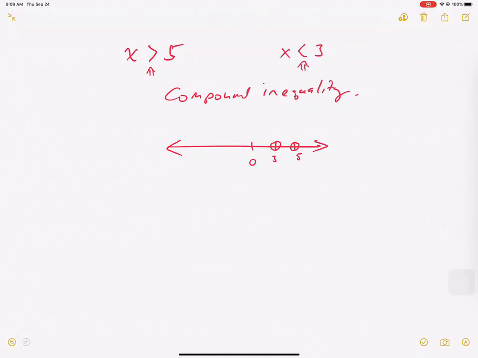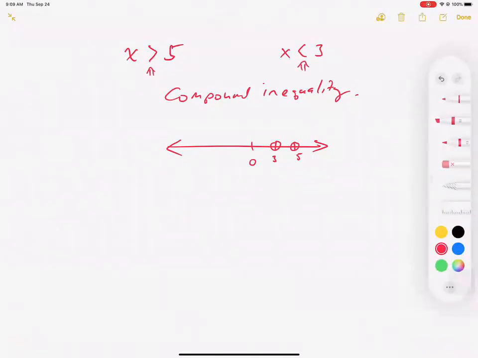Well, let's do them individually. For x is less than 3, let's take a look. Well, here's 3. Now less than 3 would go to the left. For the first one, x is greater than 5. Well, here's 5, right? And greater than 5 goes to the right.